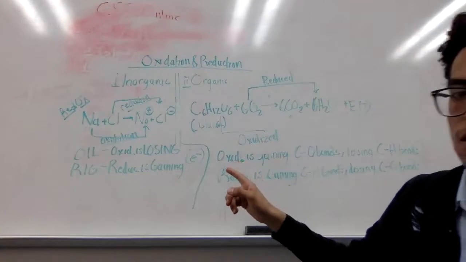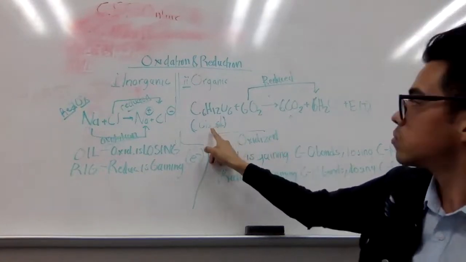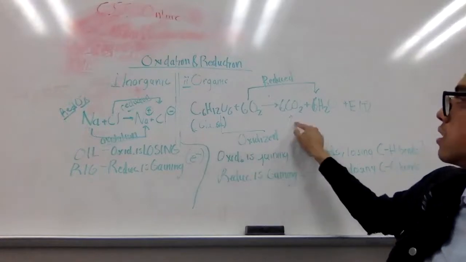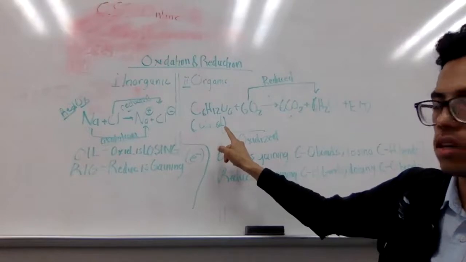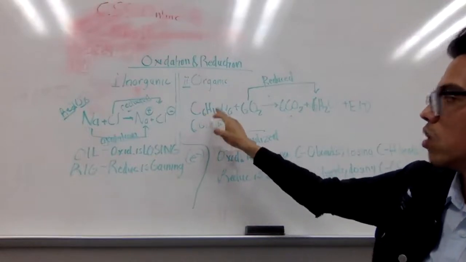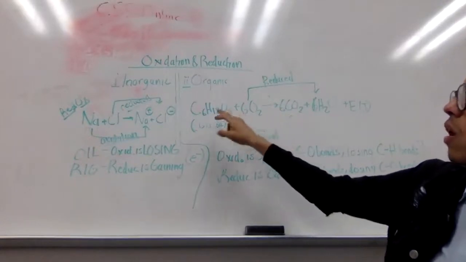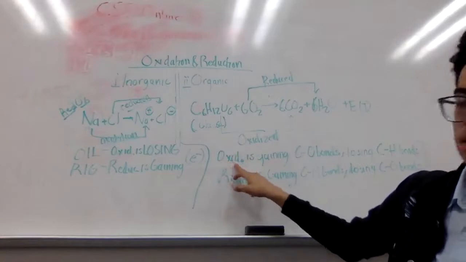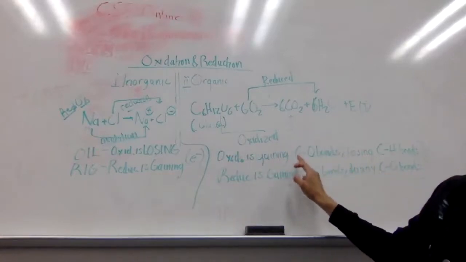So when we look at oxidation in cellular respiration, we're looking at glucose. It's becoming CO2, and in that sense, it's losing CH bonds when it's going from C6H12O6 to CO2. Or another way you can classify oxidation is by it gaining CO bonds.